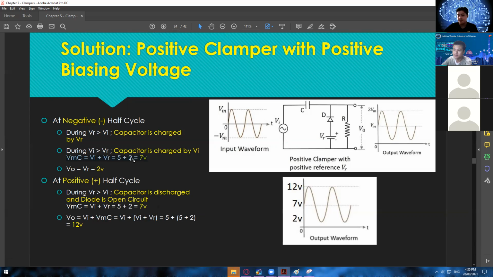So there are just two terms, VI plus VMC. In here, I've just indicated that this VMC came from this VI plus VR, wherein, in fact, you can just put here VMC, which is equal to 7 volts. This 5 plus 2.